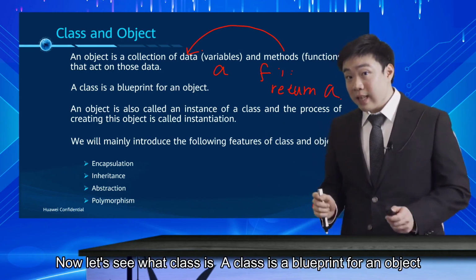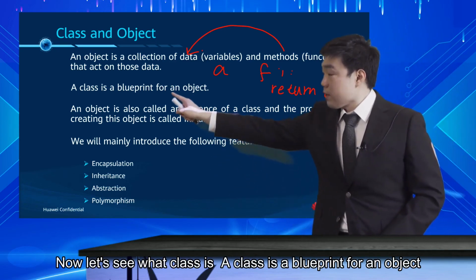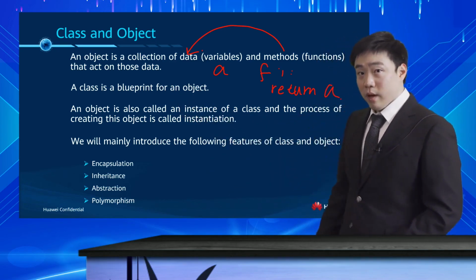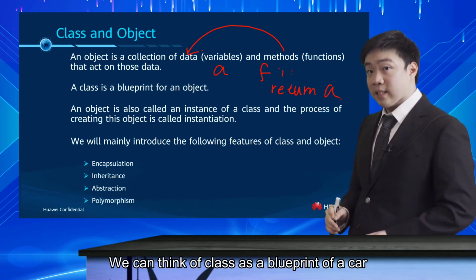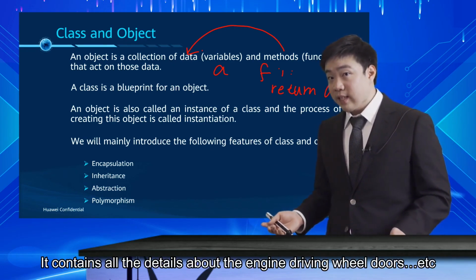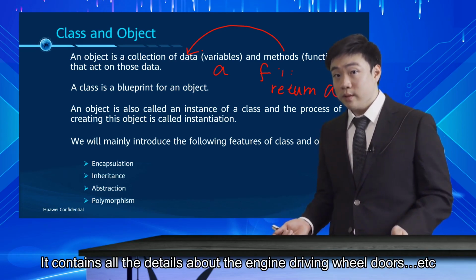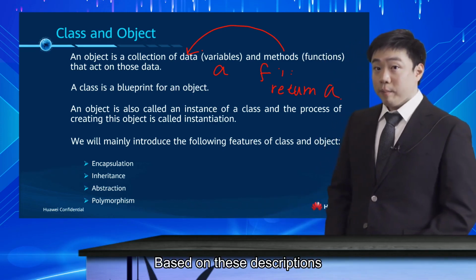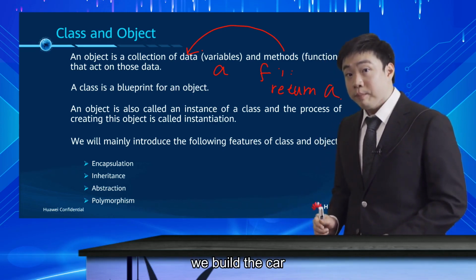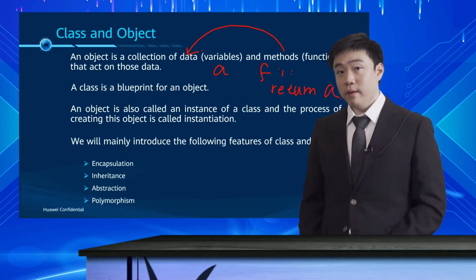Now, let's see what a class is. A class is a blueprint for an object. We can think of a class as a blueprint for a car. It contains all the details about the engine, driving wheel, doors, etc. Based on these descriptions, we build the car, and the car is the object.